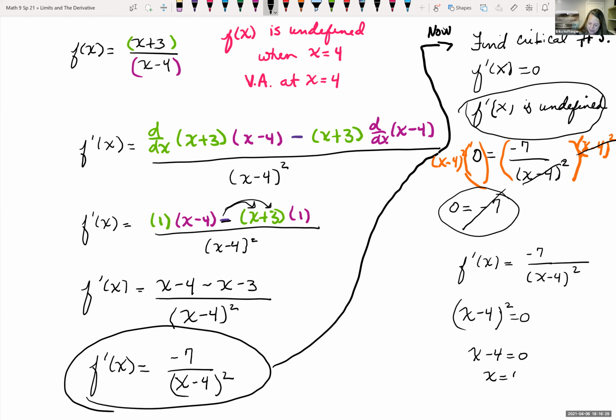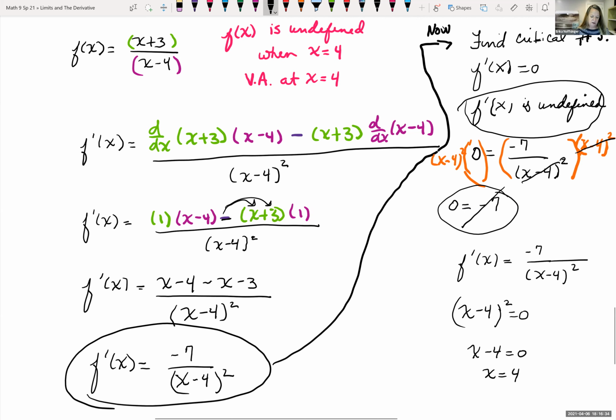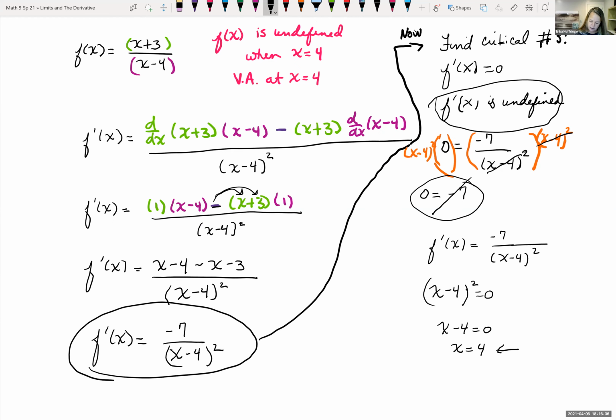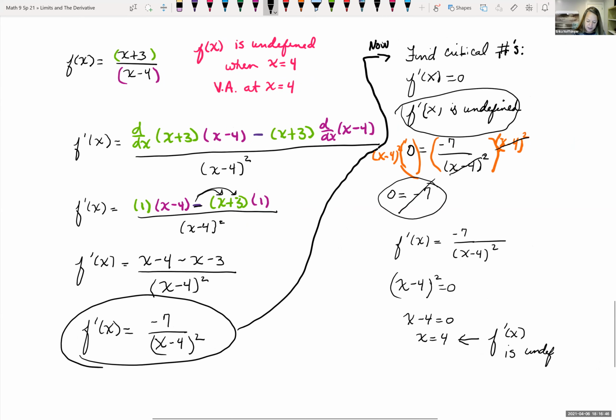Add 4 to both sides, x is equal to 4. Okay, so this is where f prime of x is undefined. We also talked about that being undefined for our original function, and that was a vertical asymptote there.